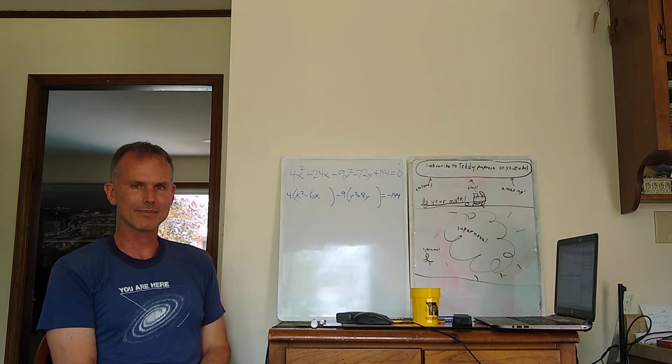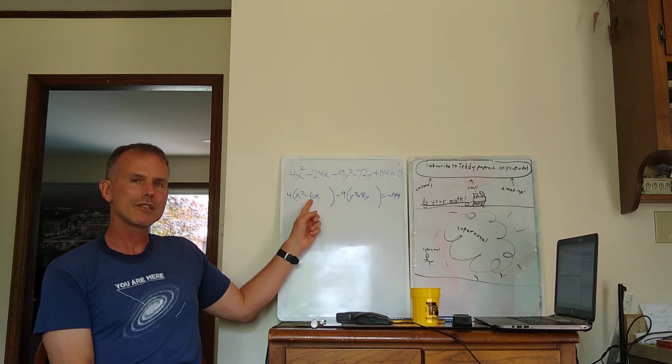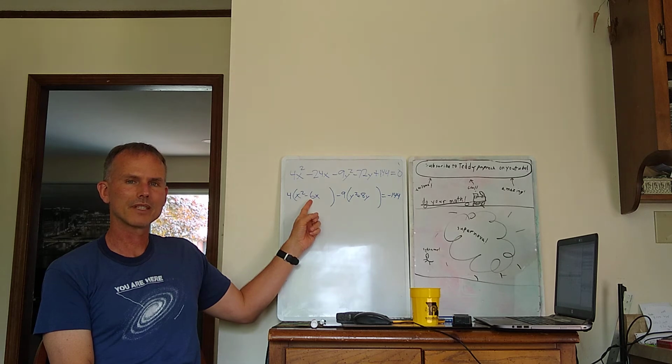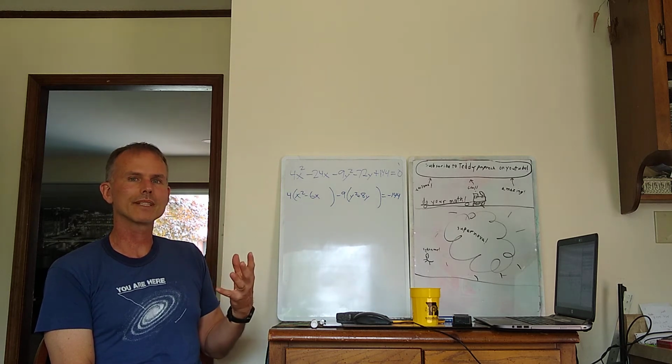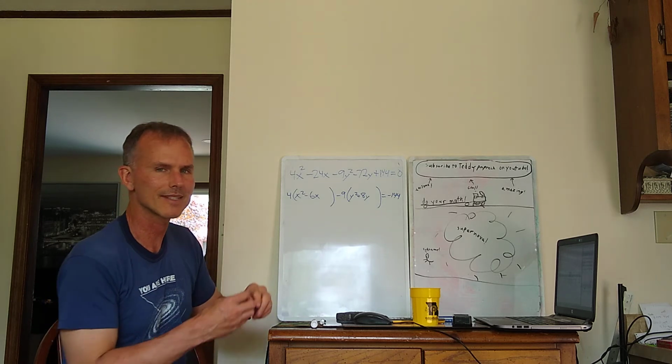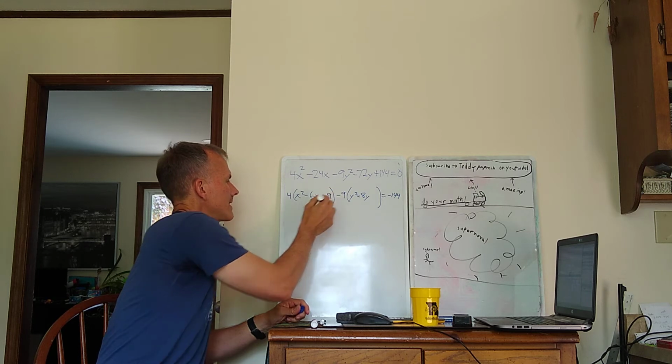If you remember, when we complete the square, the method is you take half of that coefficient. So half of negative 6 is negative 3. Square that. Negative 3 squared becomes positive 9. Negative 3 times negative 3 is 9. And that's what I add right here.